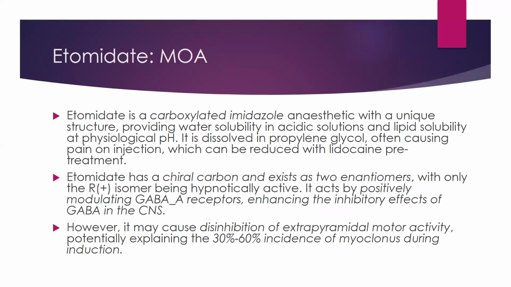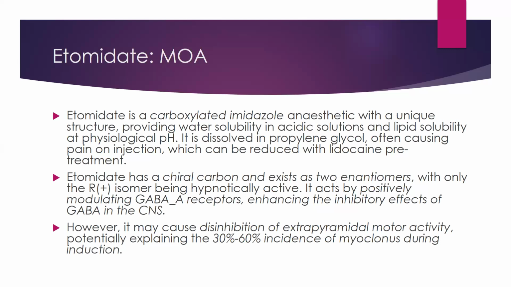How does it work? Etomidate is a carboxylated imidazole, and with its unique property, it provides greater water solubility in acidic solutions and is lipid soluble at physiological pH. Because it's dissolved in propylene glycol, it often causes pain on injection, and this pain can be reduced when you give lidocaine before injecting Etomidate.